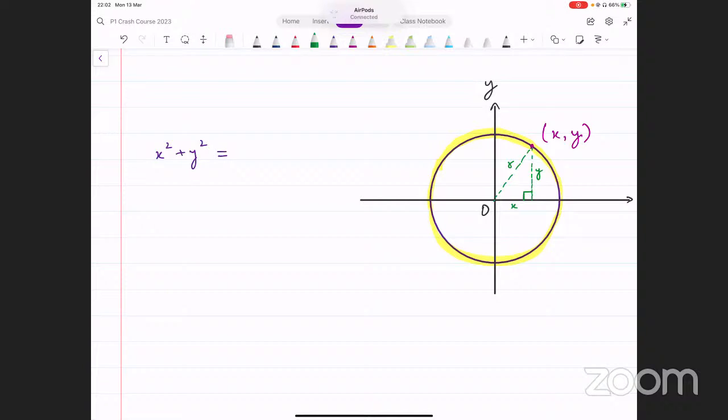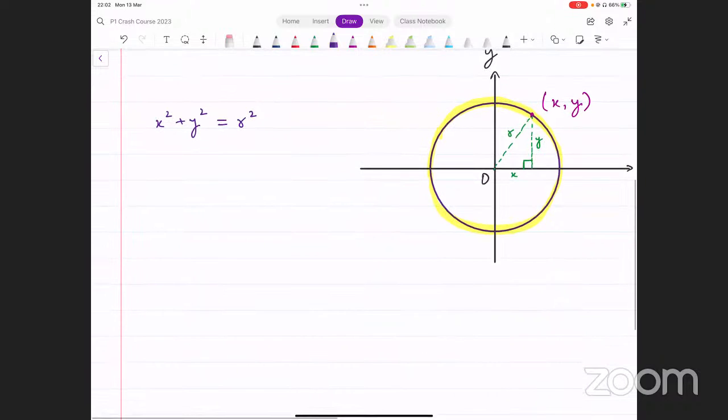So for now, let's make it general. Let's say the radius was r. You can connect x, y, and r using this equation, using simple Pythagoras. Base square plus perpendicular square should equal hypotenuse square. So x square plus y square should be equal to r square. So this is an equation that connects x, y, and r.